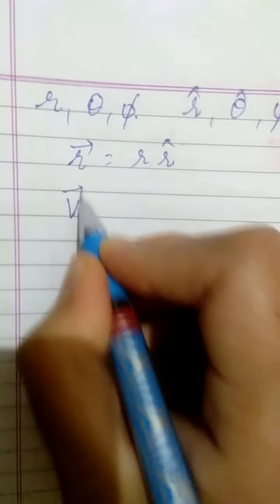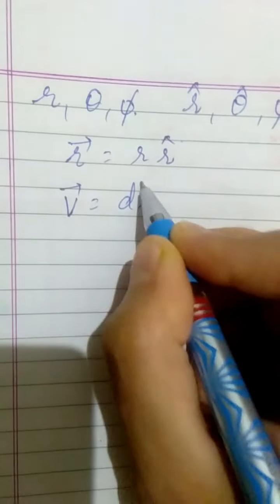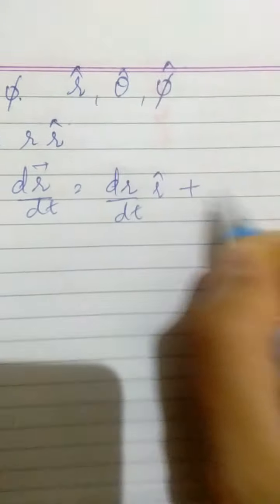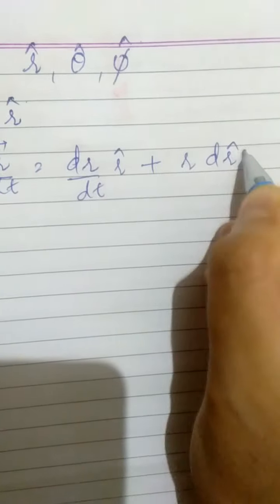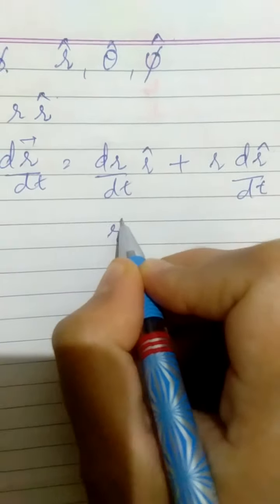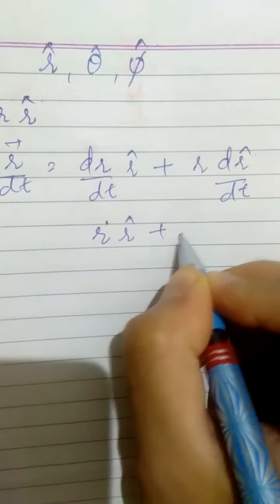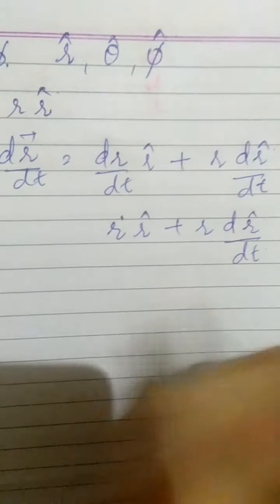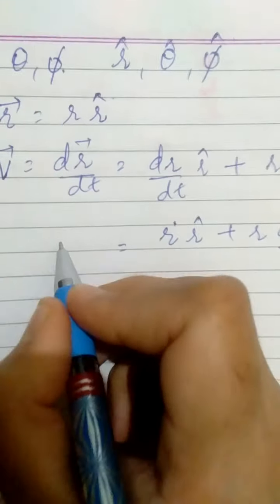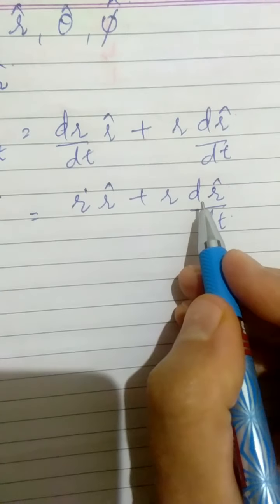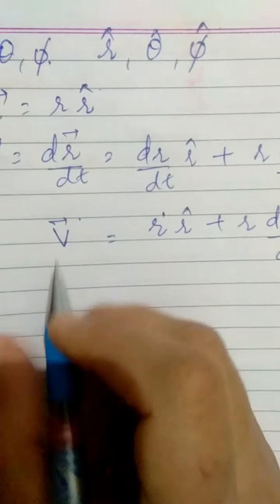Therefore velocity is obviously given by dr by dt, and that is dr by dt r cap plus r times dr cap by dt. Obviously this can be written as r dot r cap plus r times dr cap by dt. Now to find the complete expression for velocity we need to find this dr cap by dt, right?